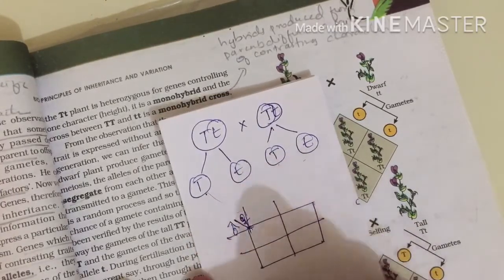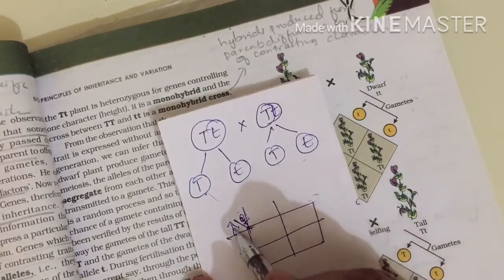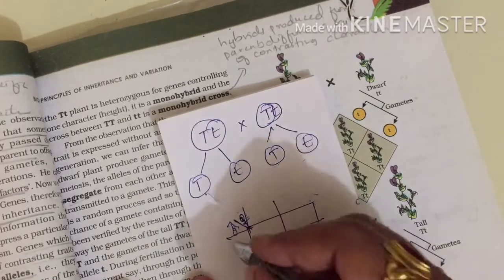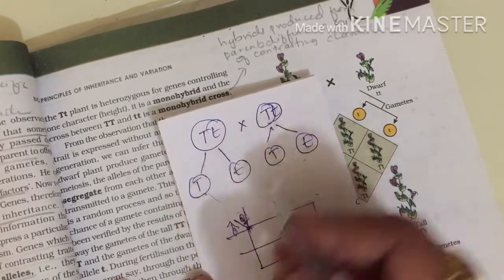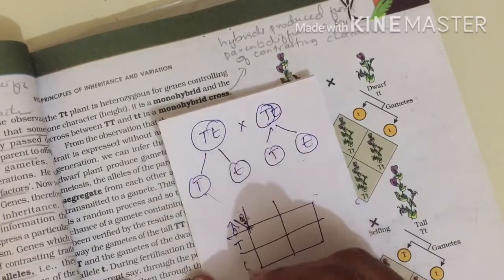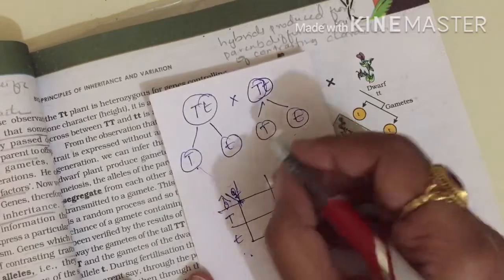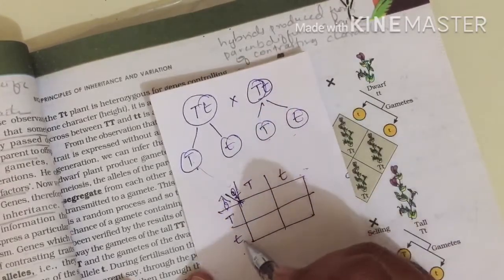Okay, column for one parent, another row for one parent. One row for one parent, one column for another parent. Now here it has been given male. I will use these two because both are similar. One capital T, small t, and here from other parent capital T, small t. We are writing gametes here.